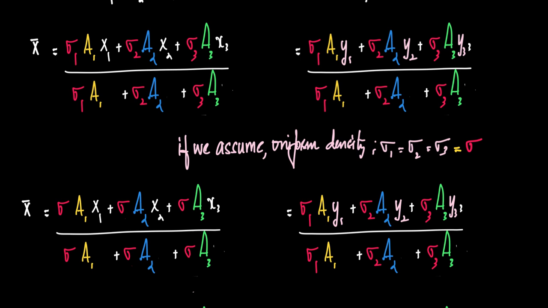So now I can replace sigma 1, sigma 2, sigma 3 with sigma in x bar, and similarly I can replace in y bar, right?